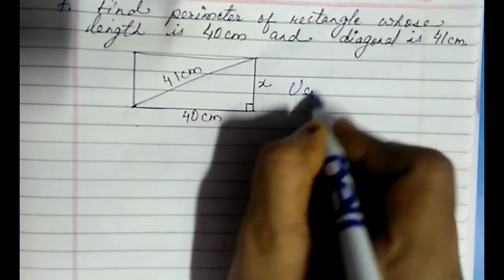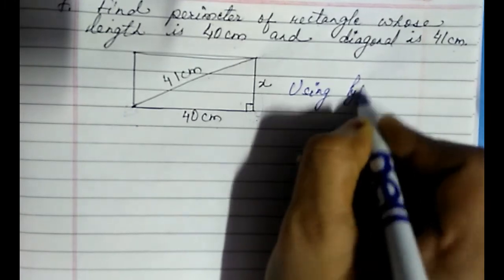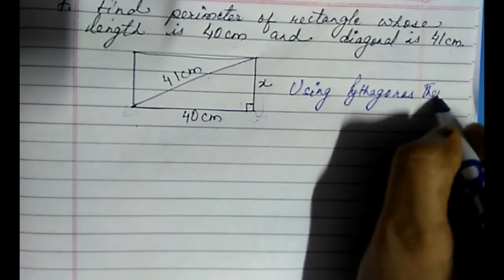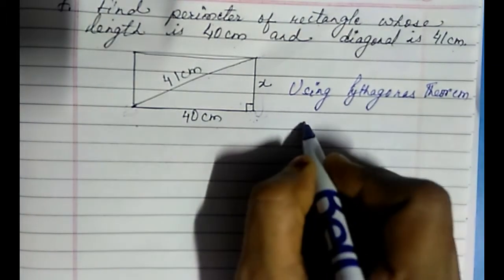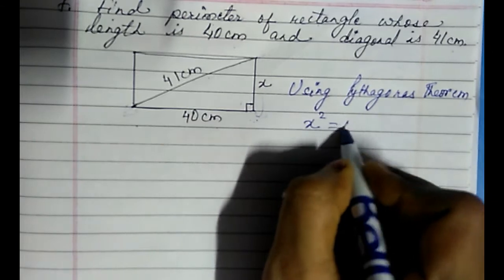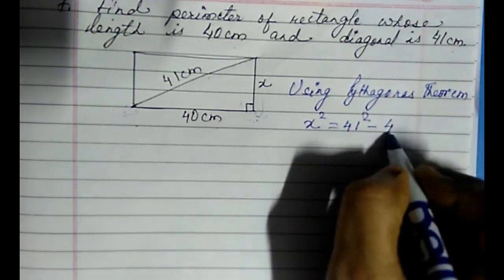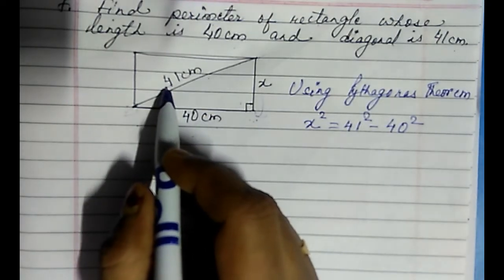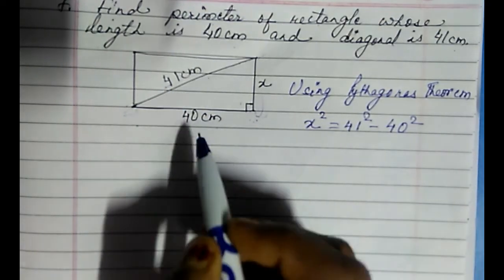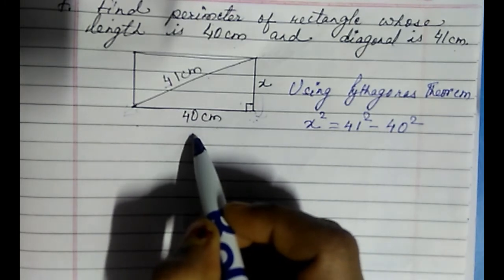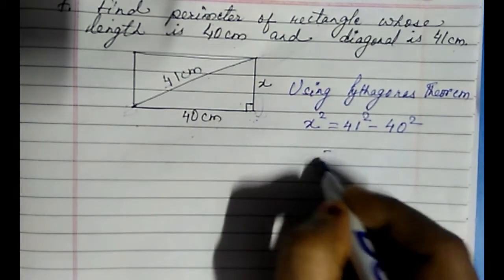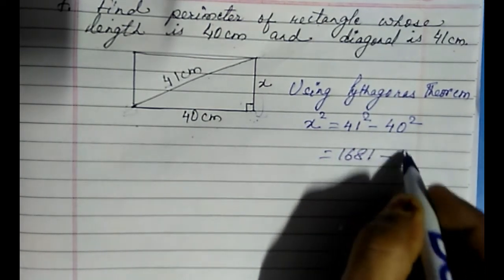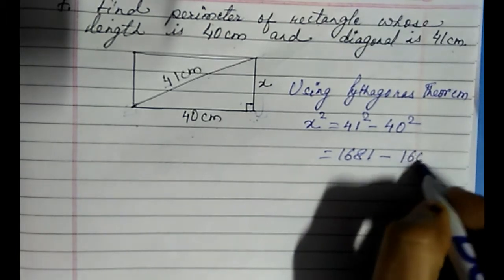So using Pythagoras theorem, x square should be equal to 41 square minus 40 square. ये लेग्स का स्क्वायर ऐड होके ही तो आता है ना हाइपोटेन्यूज का स्क्वायर. तो मुझे हाइपोटेन्यूज मालूम है तो मैं सब्ट्रैक्ट कर दूंगी एक साइड का स्क्वायर. तो क्या मिलेगा? 41 into 41 we get as 1681 and 40 into 40 is 1600.